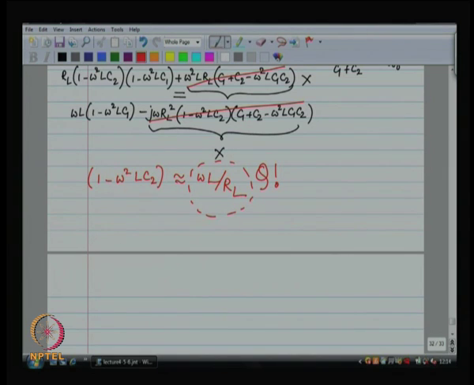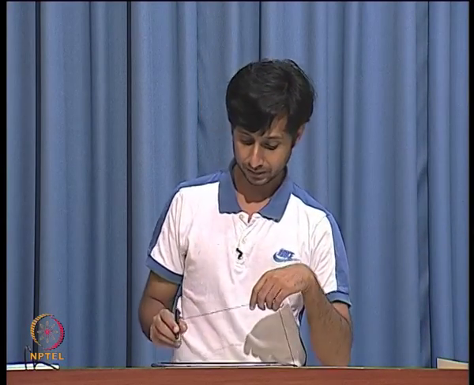Okay. So, this is what you are going to get. It does not matter, we just solve for this quadratic equation, find out the 2 omegas, and that is that. That is the end of the day, end of the story for us, right.